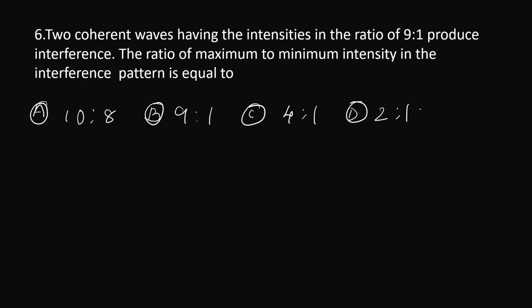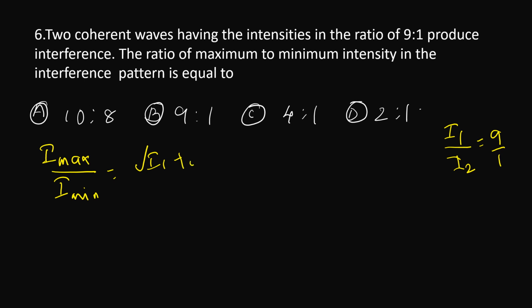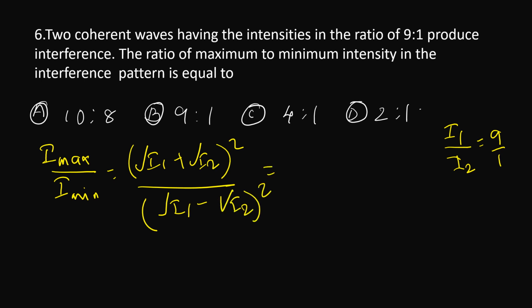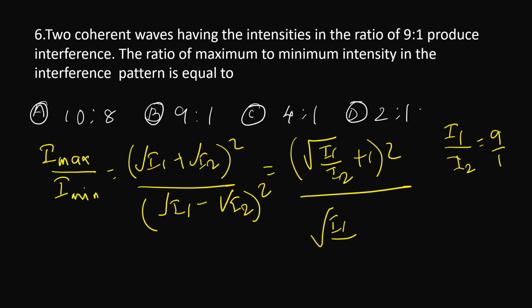Two coherent waves having intensities in the ratio 9:1, that is I1 by I2 is 9:1, produce interference. The ratio of maximum to minimum intensity in the interference pattern is equal to, that is I max by I min is equal to square root of I1 plus square root of I2 whole square divided by square root I1 minus square root I2 whole square, or you can rearrange the equation as square root of I1 by I2 plus 1 whole square divided by square root of I1 by I2 minus 1 whole square.